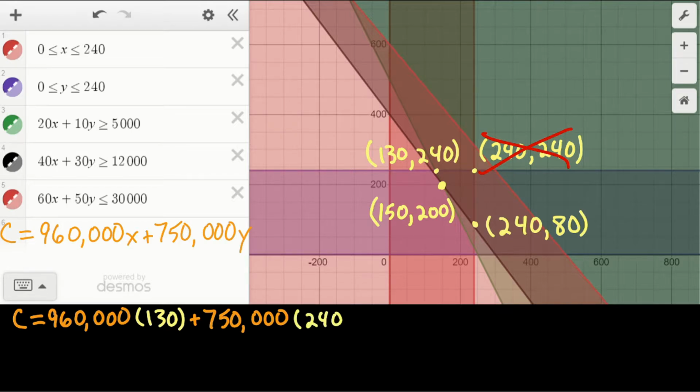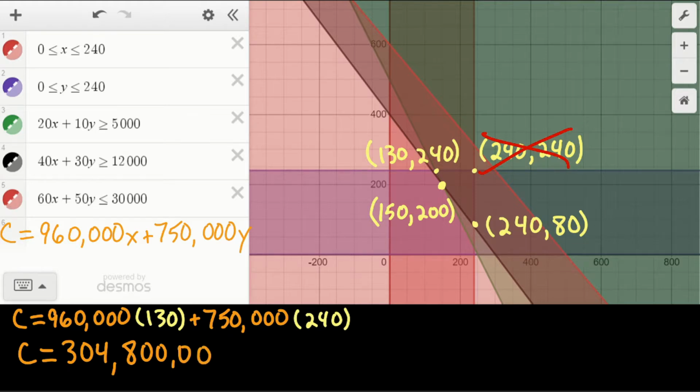I'm going to do that on my calculator real quick, and I get that the cost is equal to 304,800,000. It's a lot. All right, so that is one of those.